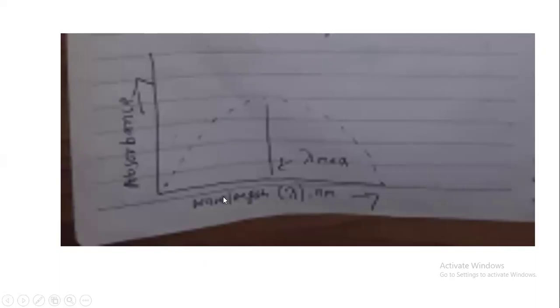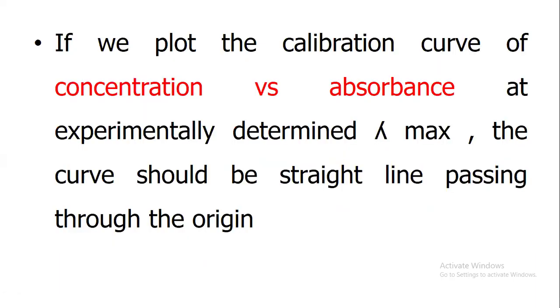Absorption wavelength lambda max. If we plot the calibration curve of concentration versus absorbance at experimentally determined lambda max, the curve should be a straight line passing through the origin.